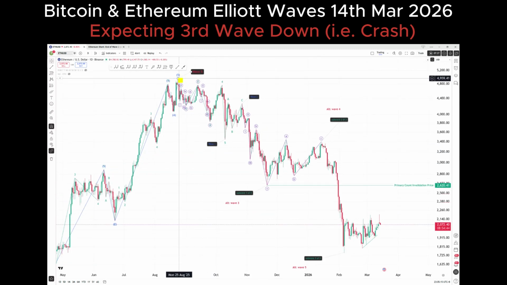All right. So over here you have wave one. Then this is a leading diagonal. Then you have an A B C for wave two, and then we have a wave three. And over here we have a wave four. Because this is not updated, this alternative actually becomes the actual wave.